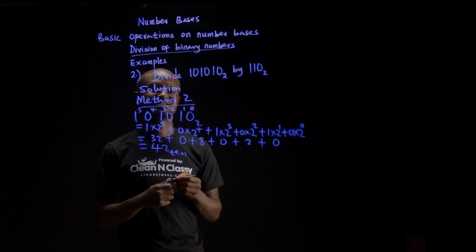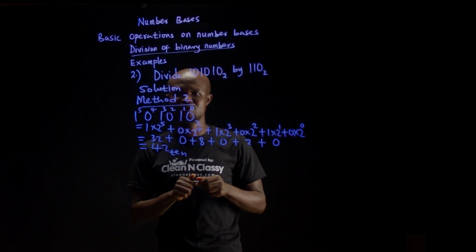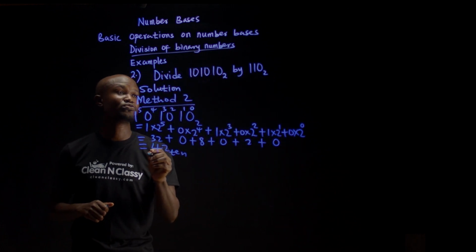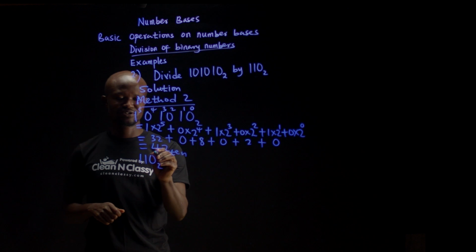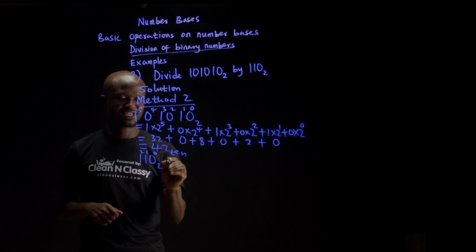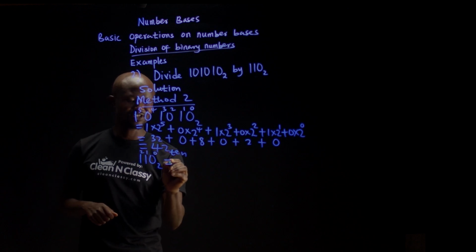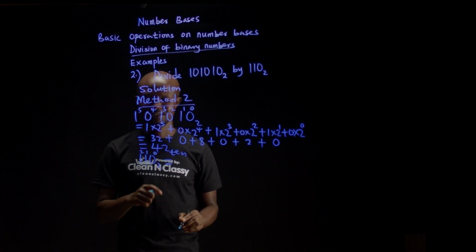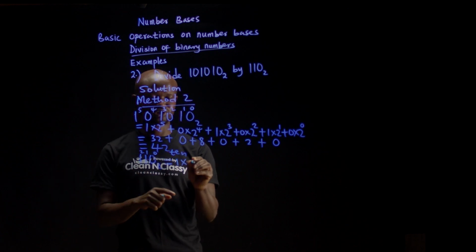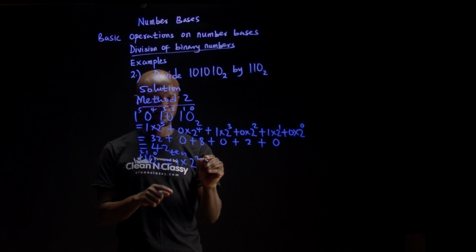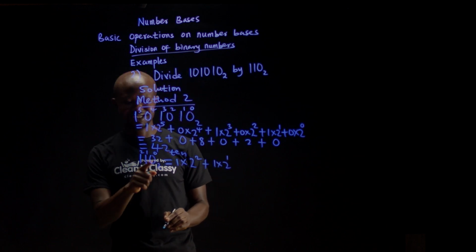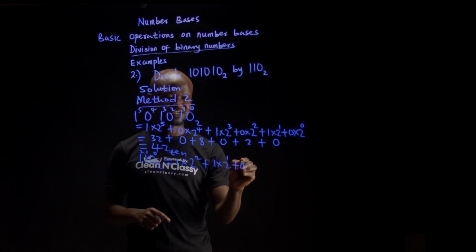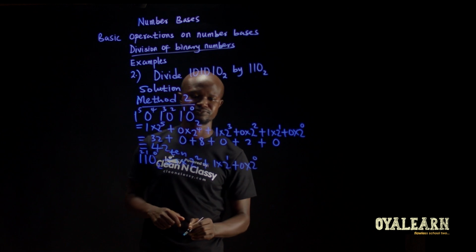That's for the dividend. Now, we need to convert the divisor also. Let's convert the divisor to base 10. 1, 0, 1, 1, 0 base 2. Assigning values 0, 1, 2. This will be equal to 1 times 2 raised to the power of 2, plus 1 times 2 raised to the power of 1, plus 0 times 2 raised to the power of 0.